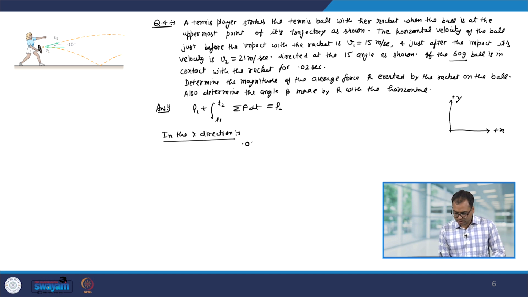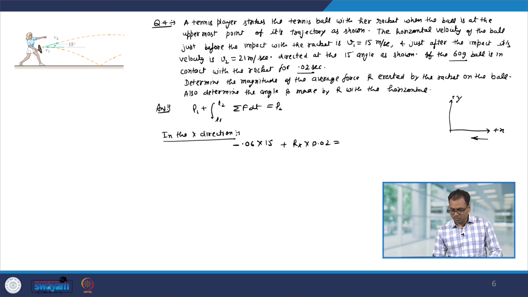So, 0.06 with minus sign because the velocity is in minus x direction, times 15 meter per second, plus Rx into dt, where dt is 0.02 second, equal to the final momentum after the impact along the x direction, that is 0.06 into 21 cos 15 degree. From here I can find Rx, it is 105.9 Newton.